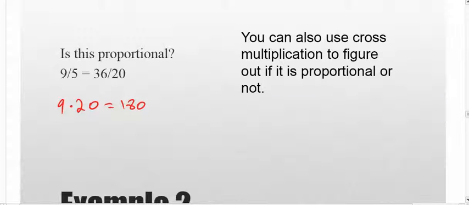And then you do 5 times 36, which also equals 180. Let me just fix my 5. Okay, so 180 equals 180, which means this problem is proportional.